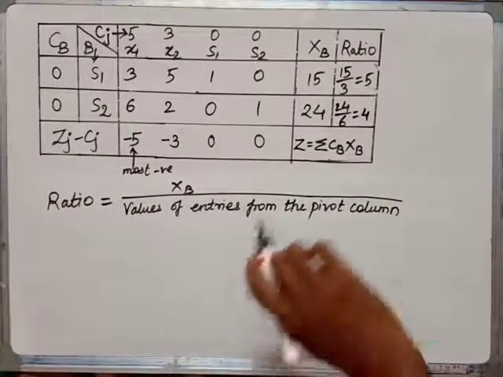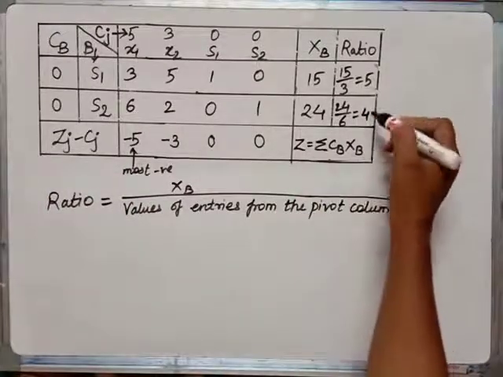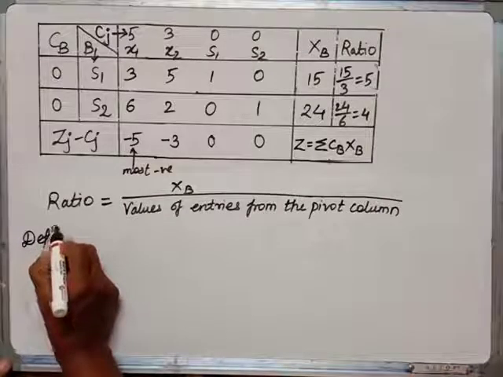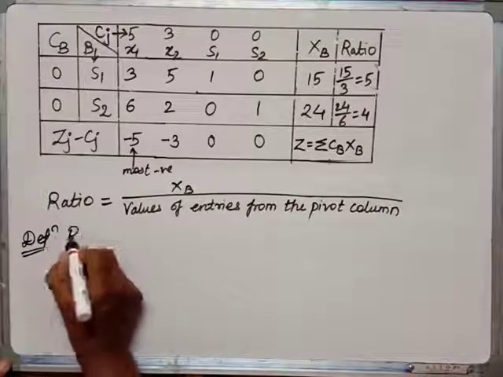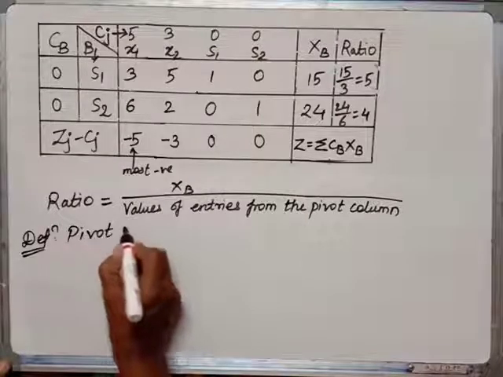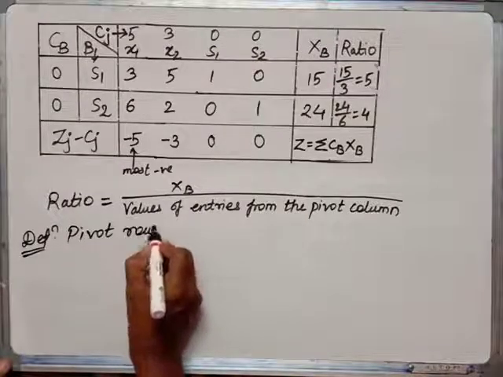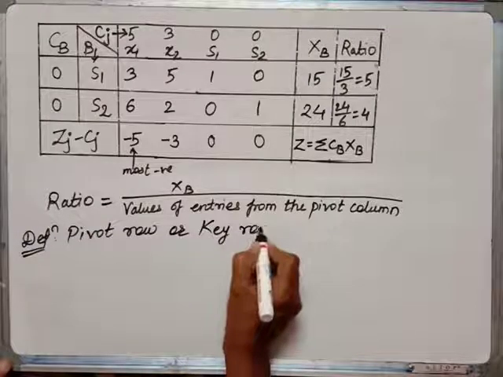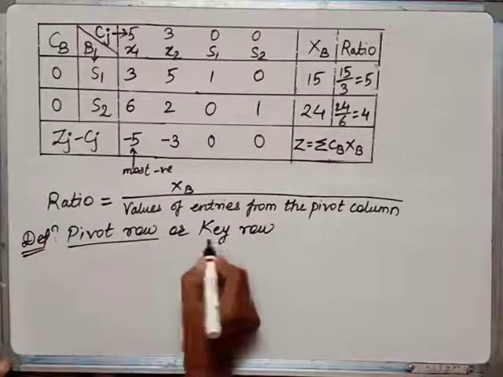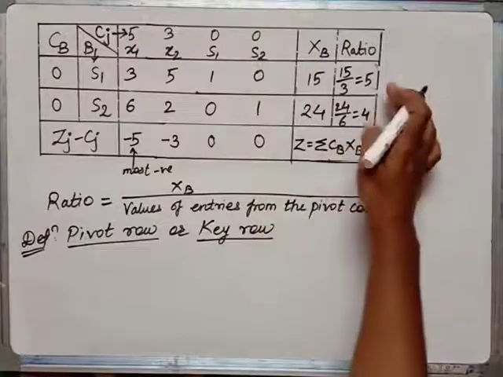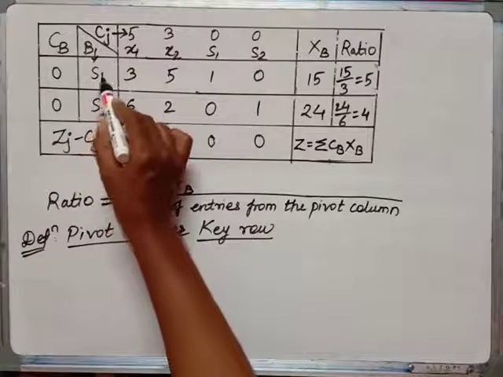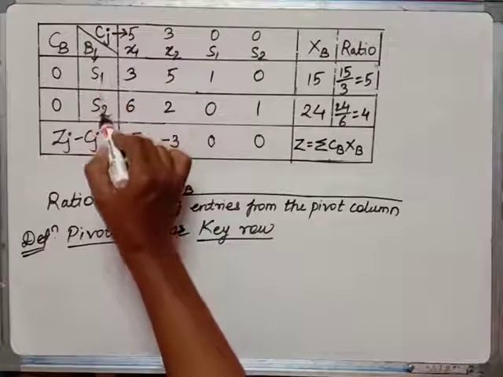Now using this calculation, this 5 and 4, we get our next definition, pivot row, or I can say key row. Why do we have to get pivot row? To check this x1 will enter in a basis, but at which position? At s1 or s2.